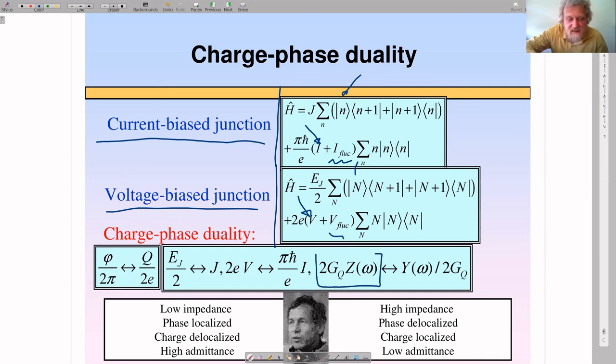The impedance which we had in the P of E function, one must replace by admittance. Good. By nature, there's a difference between the two kinds of tunneling. They are quite different, tunneling in different variables.